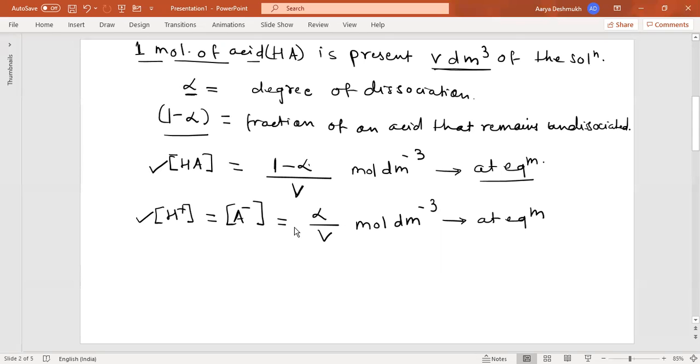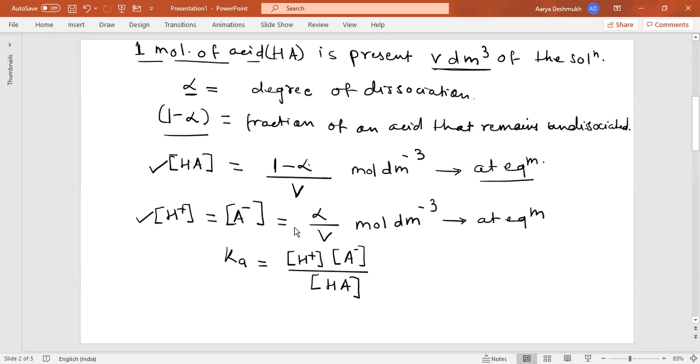Now, if you substitute this in the equation, I'll write the equation of Ka again. We know that Ka is equal to the concentration of H plus times the concentration of A minus divided by the concentration of HA.